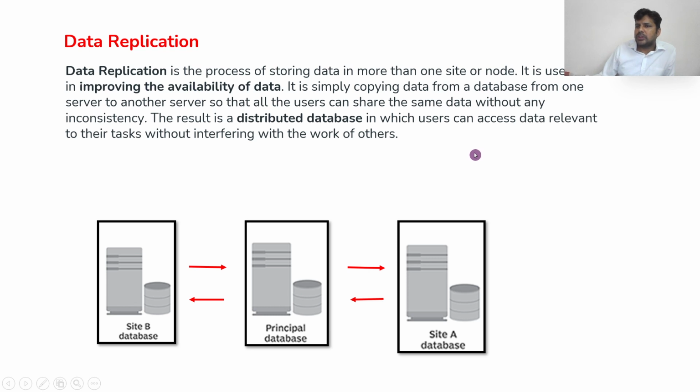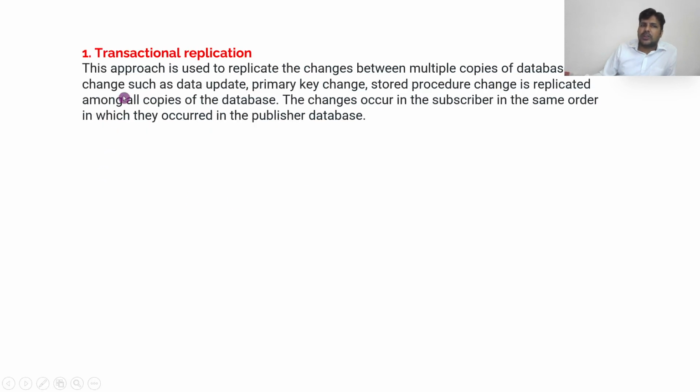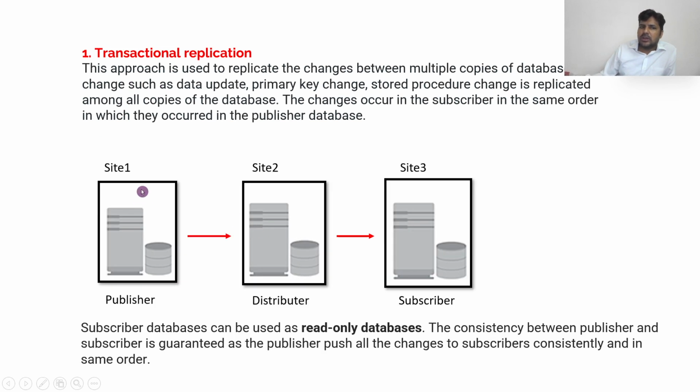Transaction replication, snapshot replication, and merge replication. First, transaction replication, where first it copies everything. For example, we have a publisher, distributor and subscriber. The subscriber database can only read; we cannot modify it.